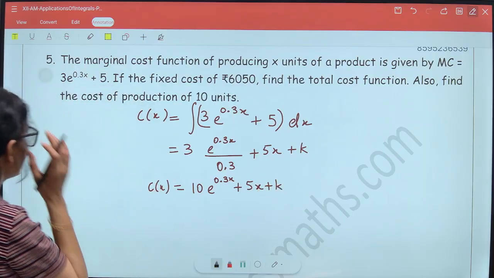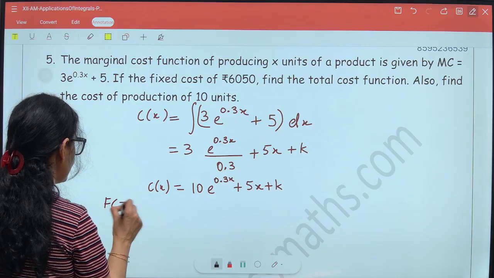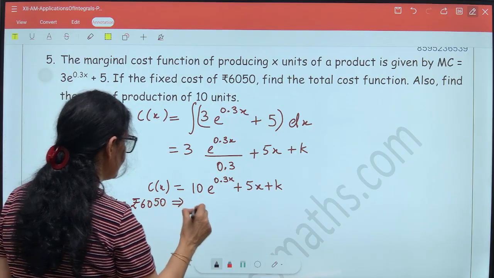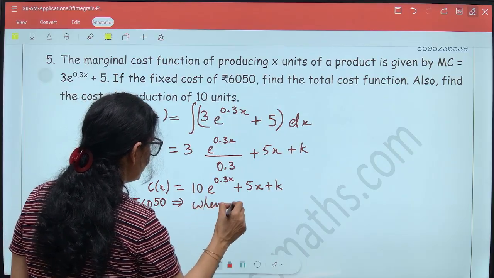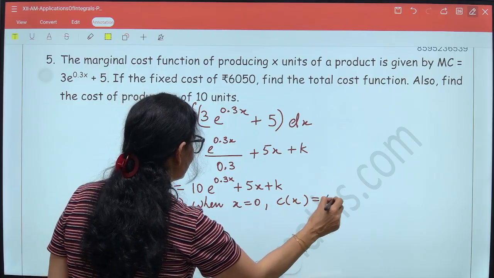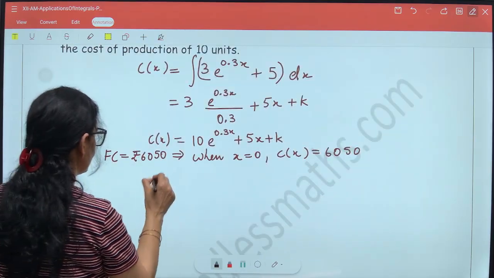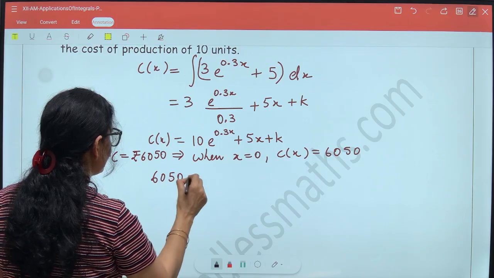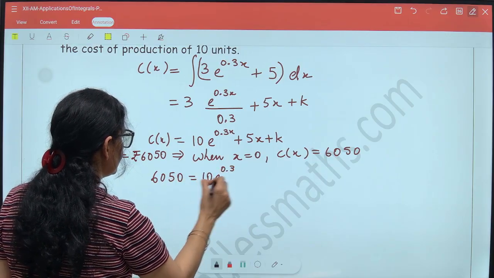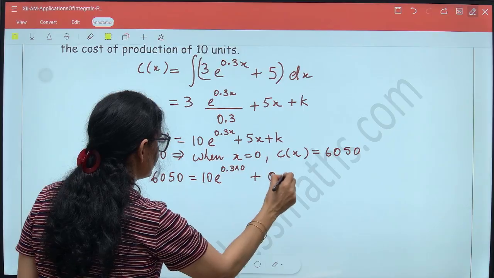Now we are given that the fixed cost is rupees 6050. This means, again the same logic, when x is 0, the value of the cost function is 6050. So let's put these values into the cost function. 6050 equals 10 e raised to power 0.3 into 0 plus 5 into 0, which is 0, plus k.